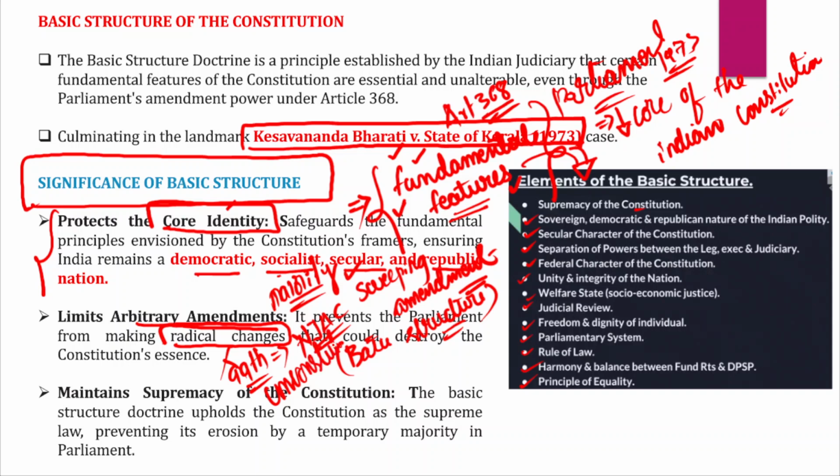Unconstitutional because the 99th Constitutional Amendment Act was violating the independence of the judiciary, and because of that particular reason, the Supreme Court declared it unconstitutional. Independent judiciary is also part of the basic structure doctrine as well.